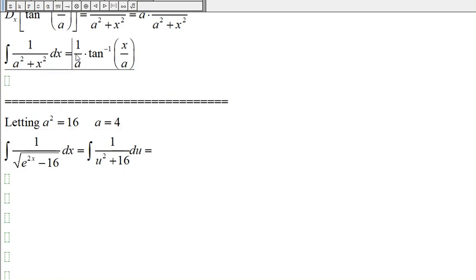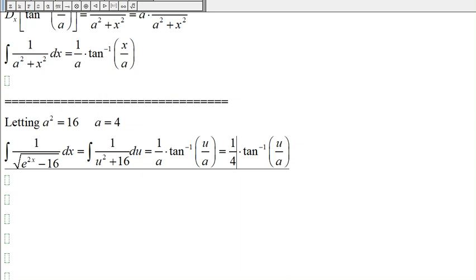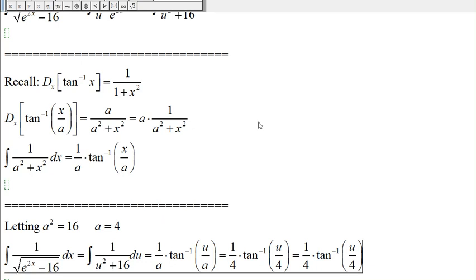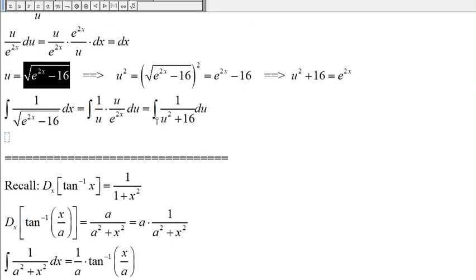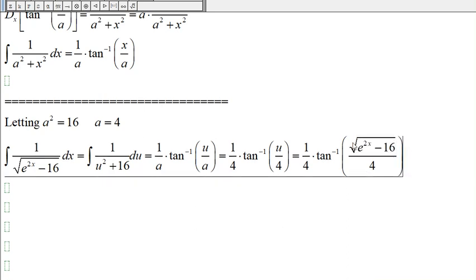And so instead of x, this would be u, and then a is 4. And originally, u was the square root of e to the 2x minus 16. And then plus c. And this is the answer.